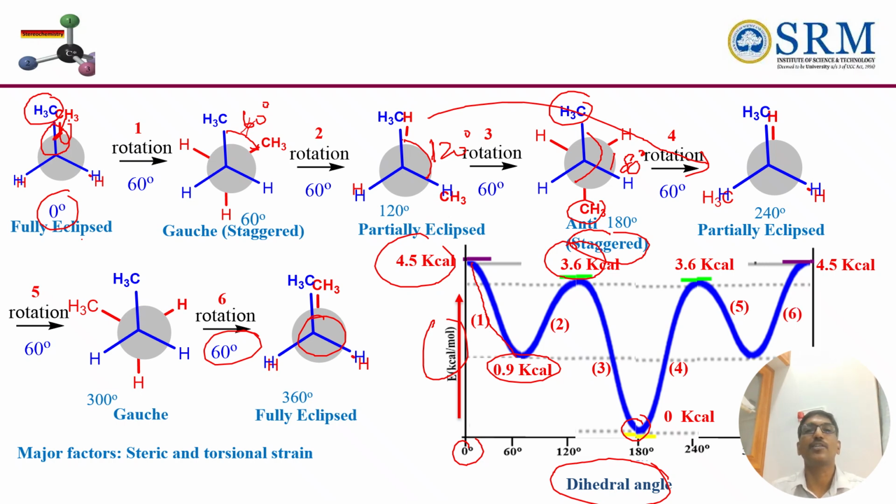Every staggered arrangement lowers it, because the methyl groups are far away, and hence the steric strain decreases as well as the torsional strain. The anti-conformation at 180-degree dihedral angle wins because it eliminates both steric and torsional strain simultaneously.